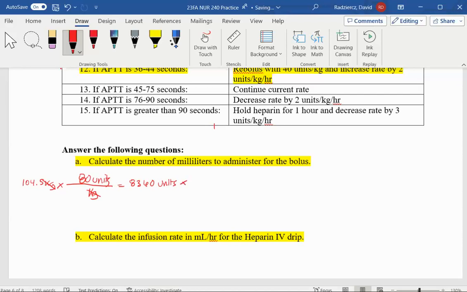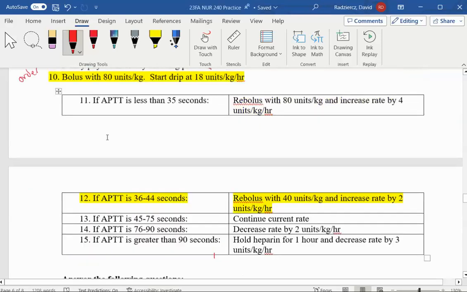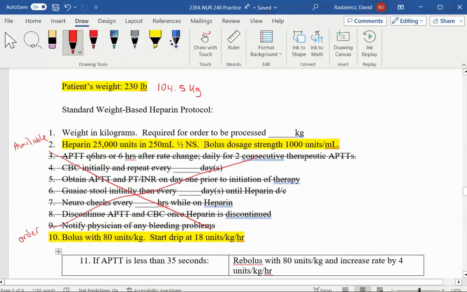The next thing is we need to convert this to milliliters because it tells us we need milliliters. So I need to have a way to convert units to milliliters. So I go to my available. My available for my bolus dosage strength is 1,000 units per milliliter.